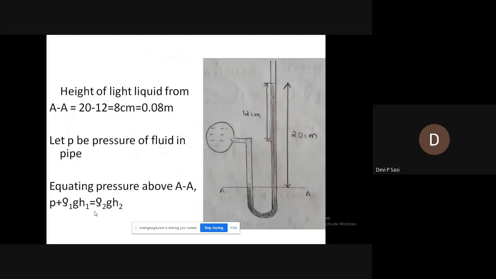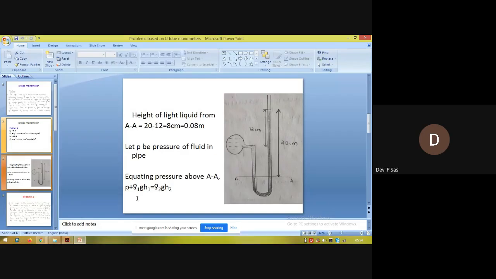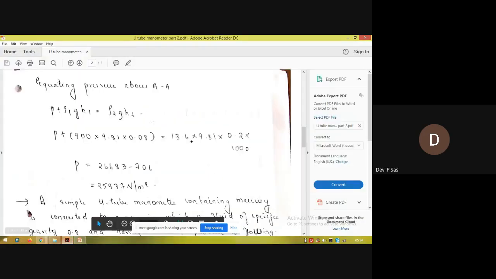From that equation, P will be rho 2 g H2 minus rho 1 g H1. From there, you substitute the values.